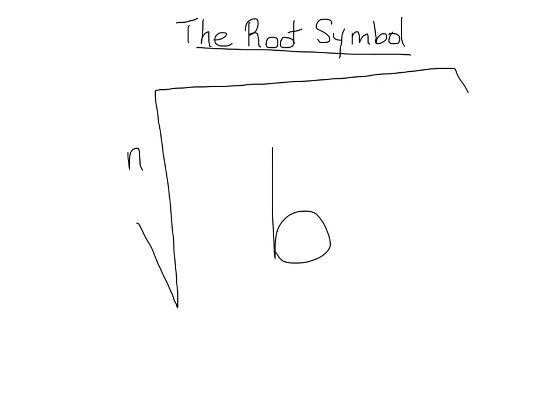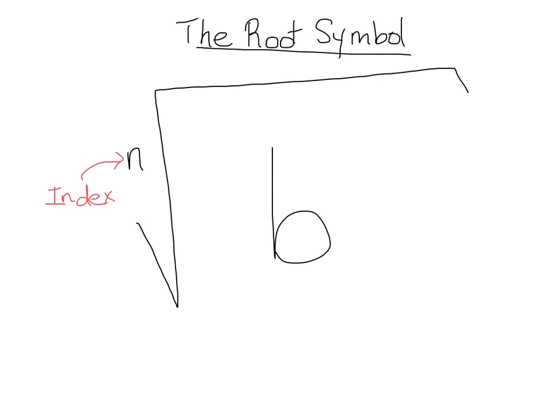And I just want to point out what each thing is called because later on we'll be referring to things by their proper name, and I don't want you to be confused. So the first thing that I want to tell you about is that n. So the little number that we use, 2 for square root, 3 for cube root, 4 for fourth root, and so on and so forth, that number is called the index.